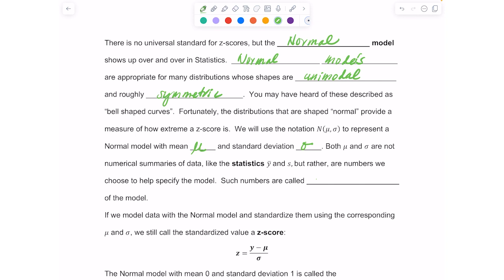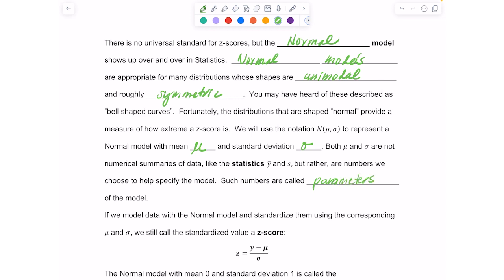Both mu and sigma are not numerical summaries of data, like the statistics y bar and s. Remember, y bar is your sample average, s is your sample standard deviation, okay? But rather are numbers we choose to help specify the model. And as I mentioned, those numbers are called the parameters of the model.